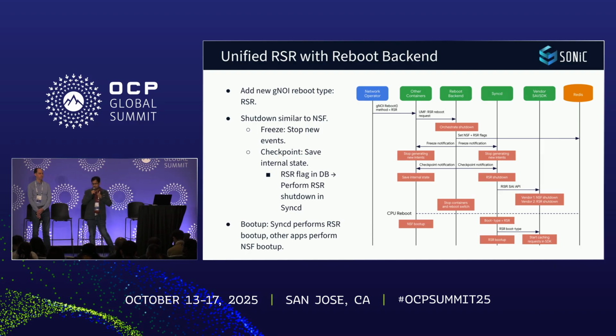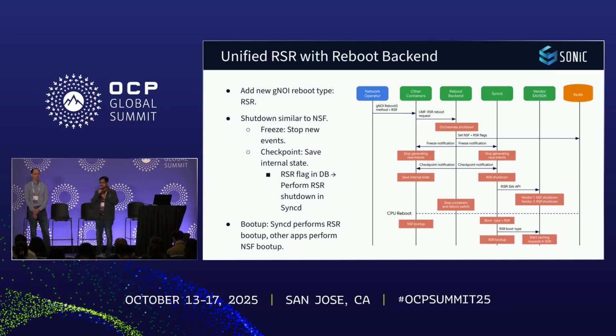The previous slide talked about how it can be integrated with the existing SONiC approach. A couple of years back, Bhagat and I talked about the reboot backend and a new shutdown orchestration framework for NSF. The same orchestration framework can be used for RSR as well. For that, we're going to introduce a new reboot type called RSR that gets pushed through gNOI to a front end like UMF, which passes it to the reboot backend.